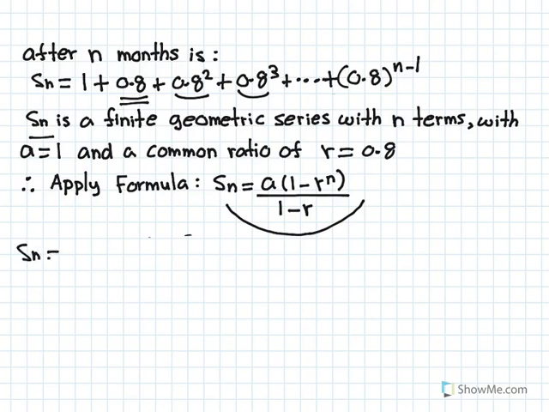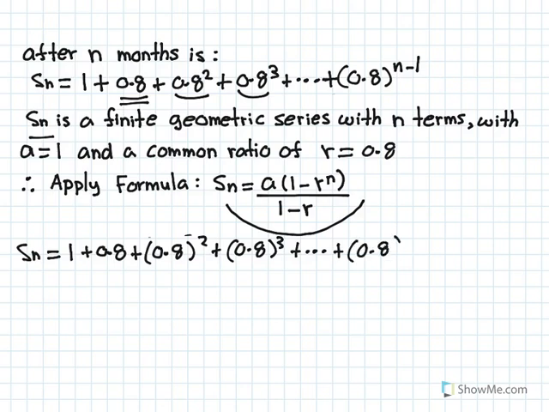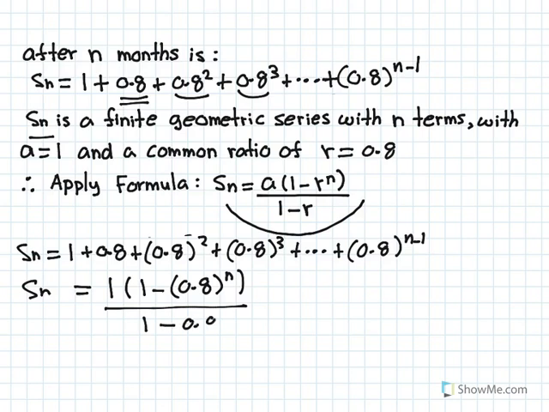So Sn is equal to, let's write down the expanded form of this finite geometric series, 1 plus 0.8 plus 0.8 squared plus 0.8 cubed plus all the way up to 0.8 to the power of n minus 1. Sn is equal to a, which is 1, times 1 minus r, which is 0.8, to the power of n, divided by 1 minus 0.8.